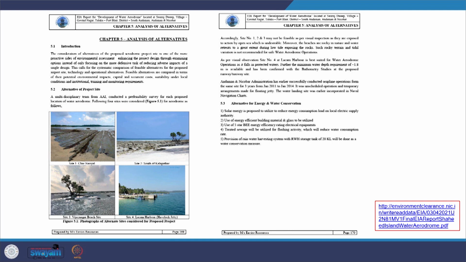So the next alternative which they looked into was alternatives for energy and water conservation.